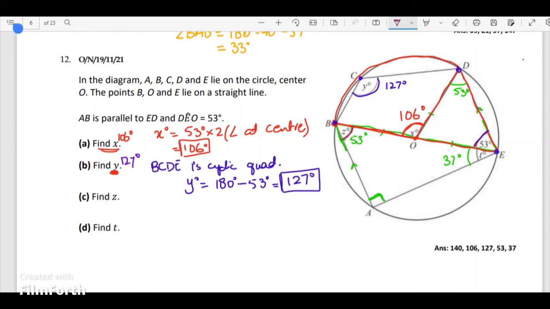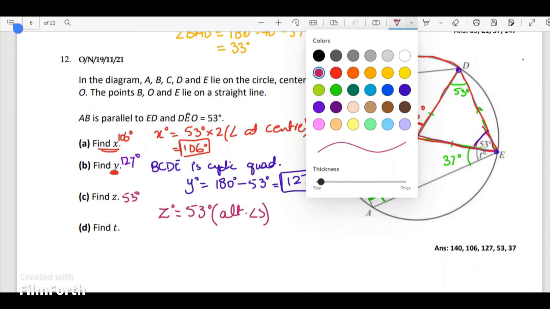How did we work it out? We considered that this is a Z angle because AB and DE are parallel lines. So Z degrees would be equal to 53 degrees. Why? Because these are alternate angles. As simple as that, no working required. So 53 degrees is the answer to C.